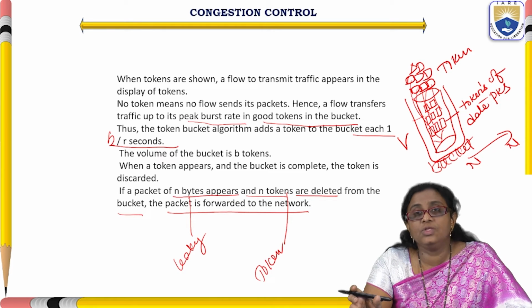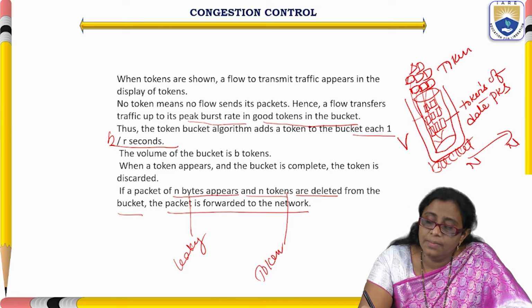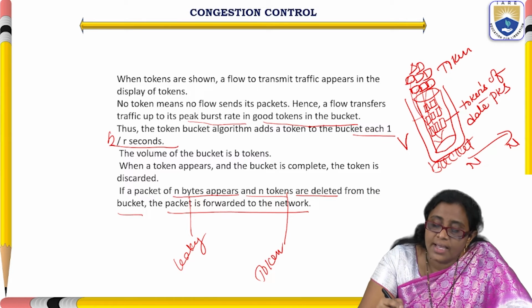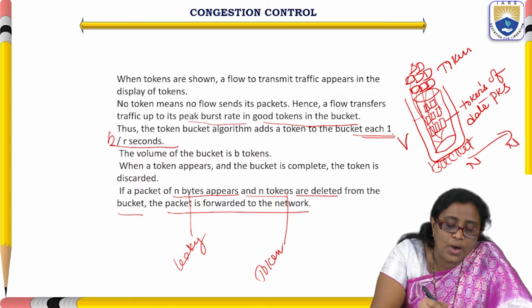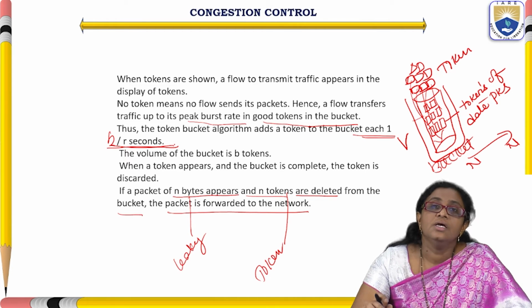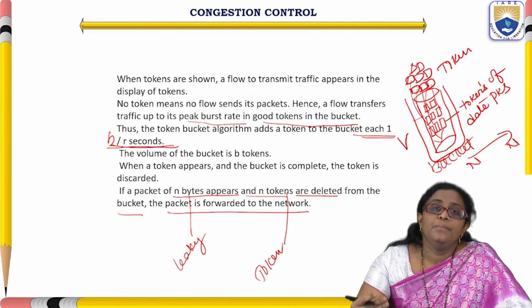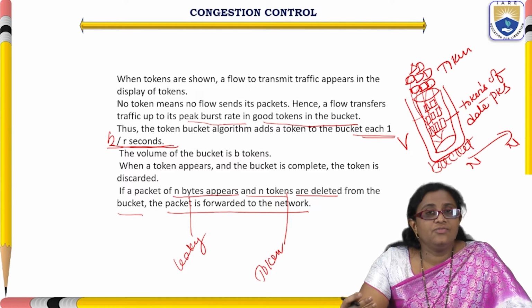Only then, holding tokens at each one per bit second, will it receive all the tokens coming from the previous layer in the network layer.